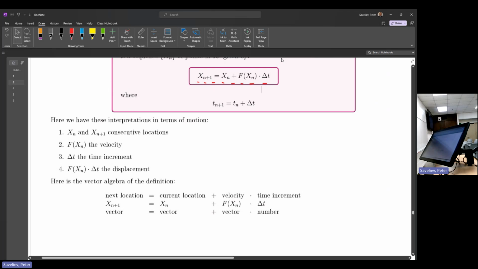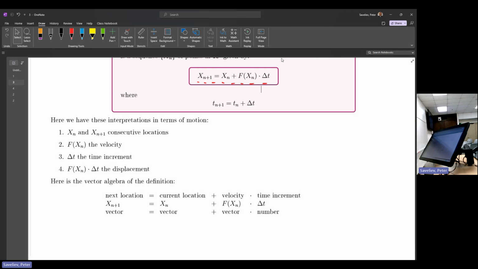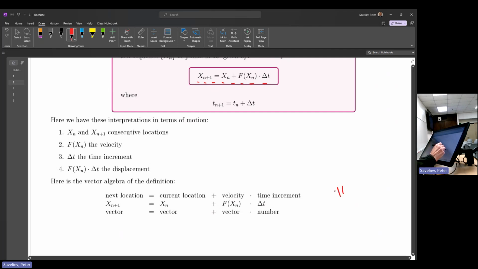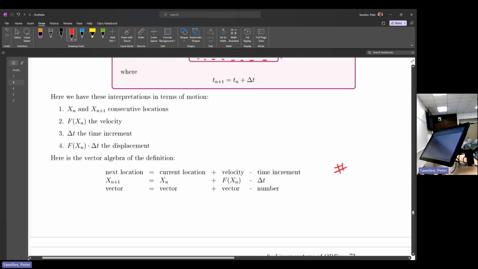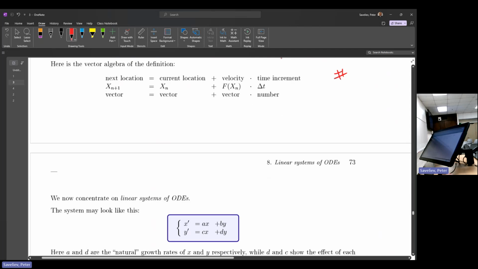Next location is current location plus velocity times time increment. If these used to be numbers, now they're vectors, except for time. Time remains a number, but otherwise a vector is a vector. The new vector is the old vector plus the velocity vector multiplied by a number, which is the time increment. So that's how Euler solutions work out.